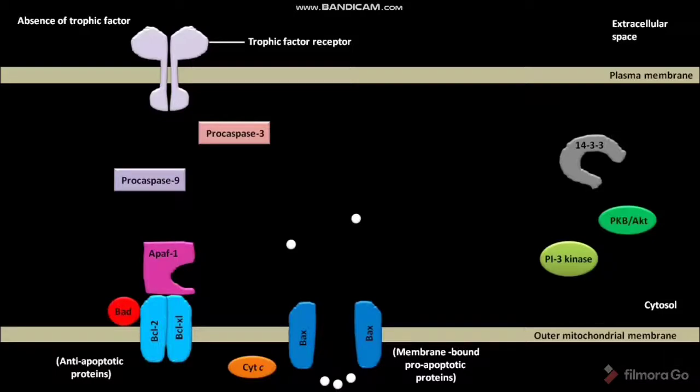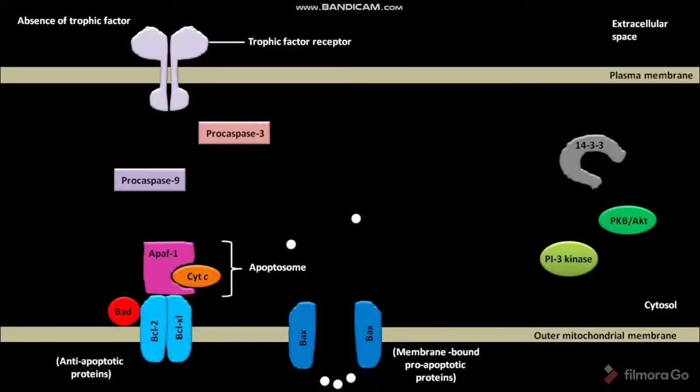Through an unknown mechanism, this ion flux leads to the release of cytochrome C into the cytosol of the mammalian cell. In the cytosol, the cytochrome C binds to the APAF1 and forms an apoptosome.